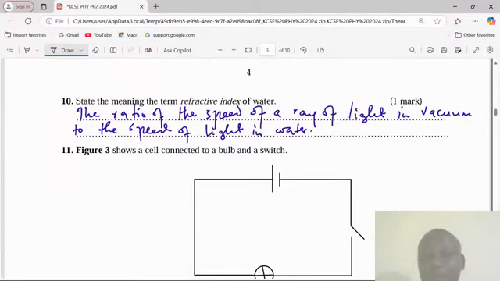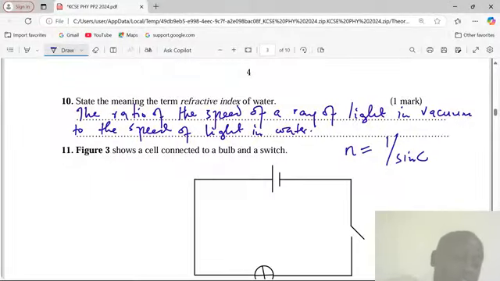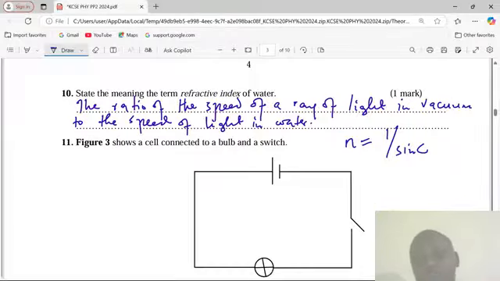At the time when the angle of refraction in water becomes 90, then the incident angle in air is going to be called the critical angle. So the refractive index can also be given by 1 over the sine of c, whereby small letter c is the critical angle.